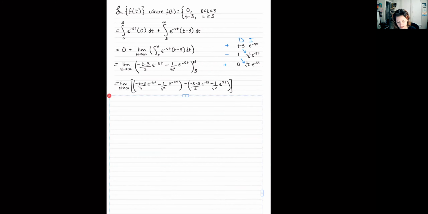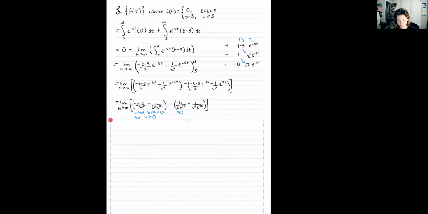So then I went ahead and put everything together, made it a little bit nicer to look at. As you can see here, we're focusing on this first part of our limit because we want both of those terms to converge to 0. To do that, we need s to be greater than 0, because if s is less than 0, we actually get an undefined limit there, so that doesn't really work.